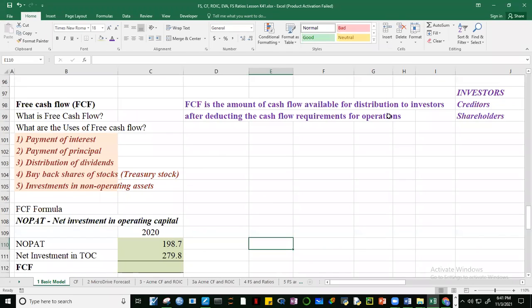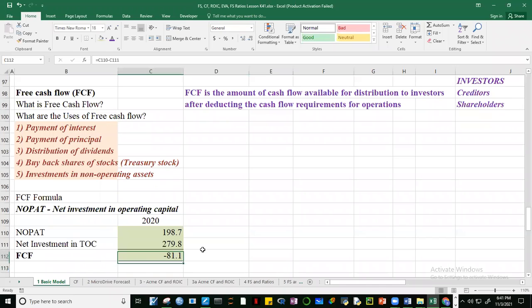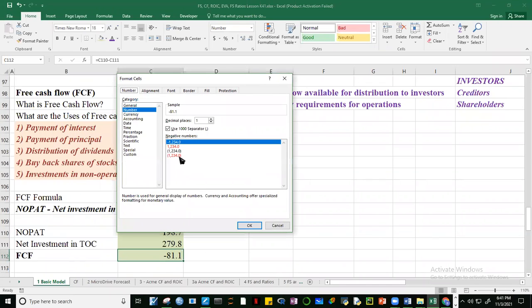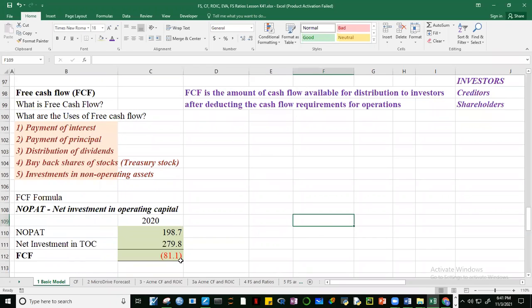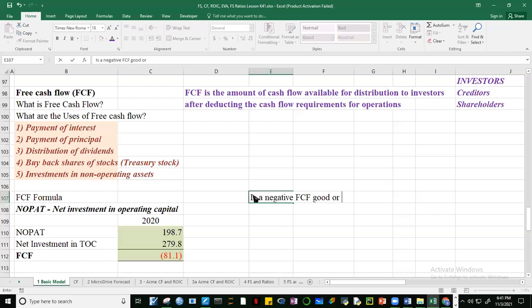All right. Therefore, our free cash flow is, if we subtract this, is equal to this minus this. Okay, we get an answer that's negative. And let me just edit this a bit, format this. Okay, so it's a negative 81.1. So this begs the question, is a negative free cash flow good or bad for the company?